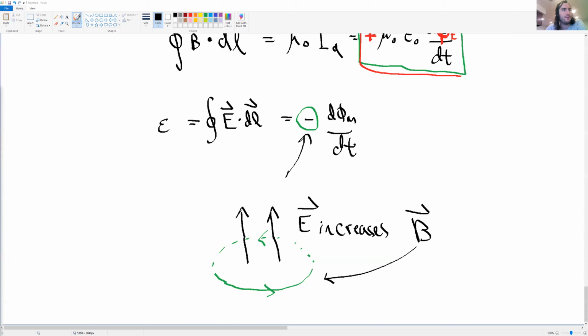Okay, so let's maybe flip the logic here. Actually, no, I think I've tested you guys enough on that concept. Actually, let's not do that. Let's take a look at this here. Something like this.